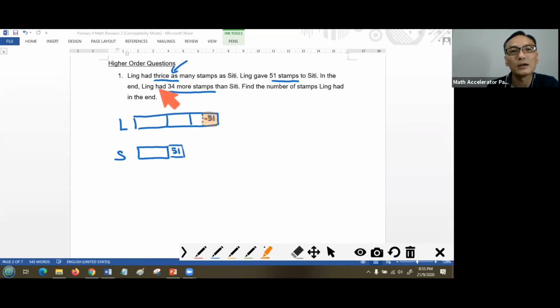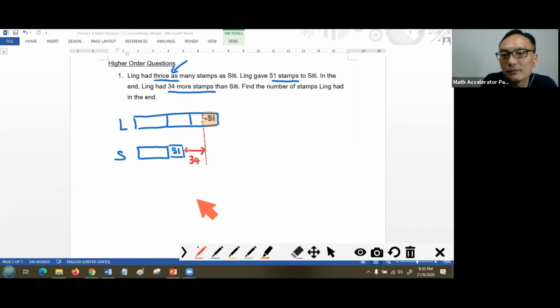Now, after that, it says that Ling has 34 more stamps than Siti. So where is the 34? Ling is left with up to here, right? So here to here should be 34. Can you tell me how to solve this question?